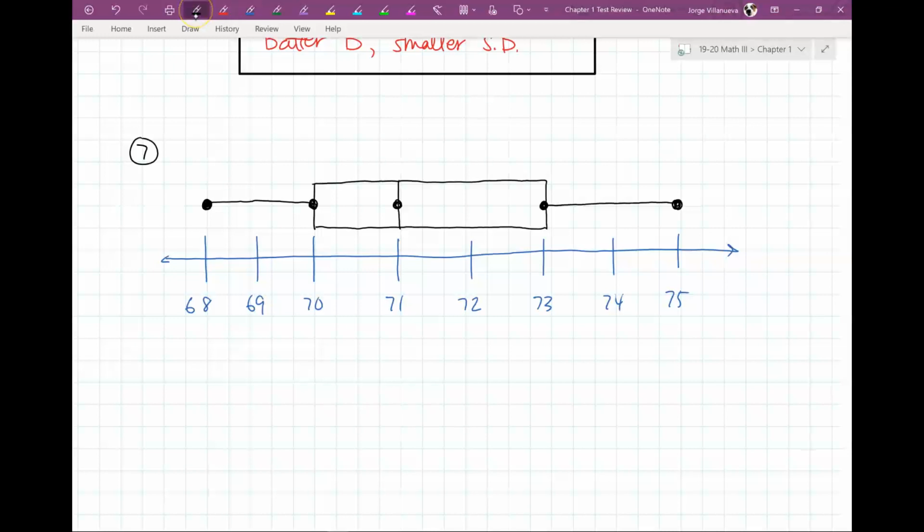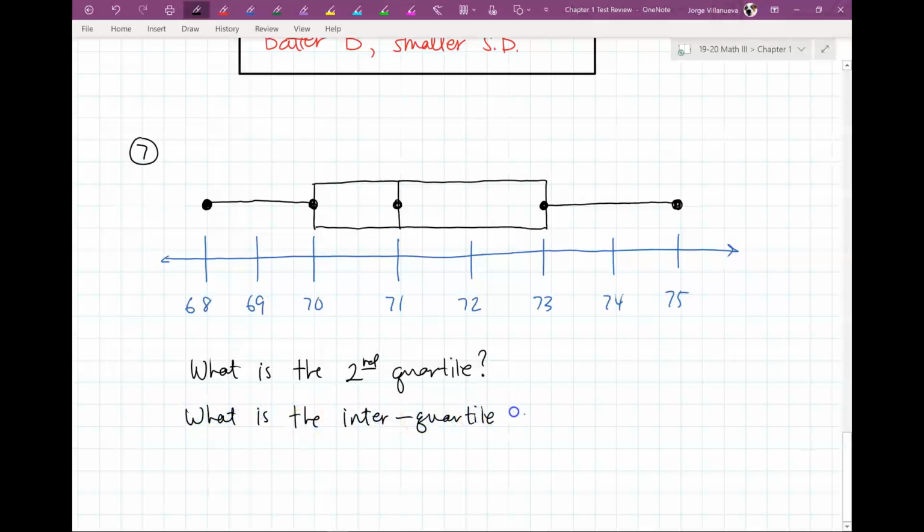So they're going to ask you this. What is the second quartile? I'm going to ask a couple of questions, okay? Because they're going to have multiple questions on box and whiskers, all right? But they'll just ask you one at a time. But I'm going to try to ask you a couple so we can kill 2 or 3 birds with one stone. So what is the second quartile? What is the interquartile range?